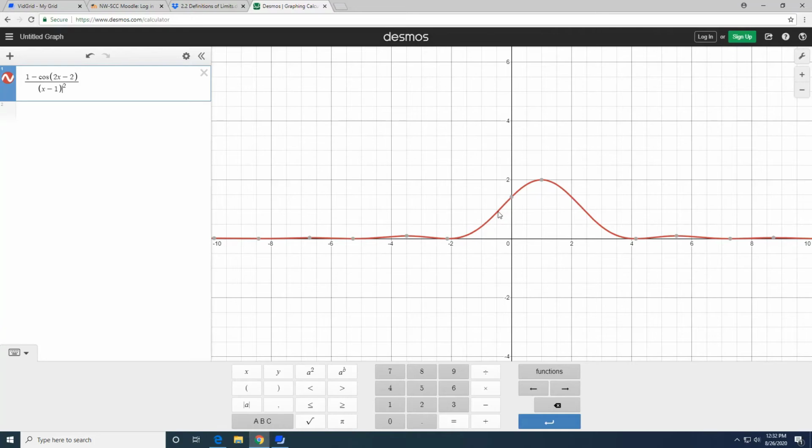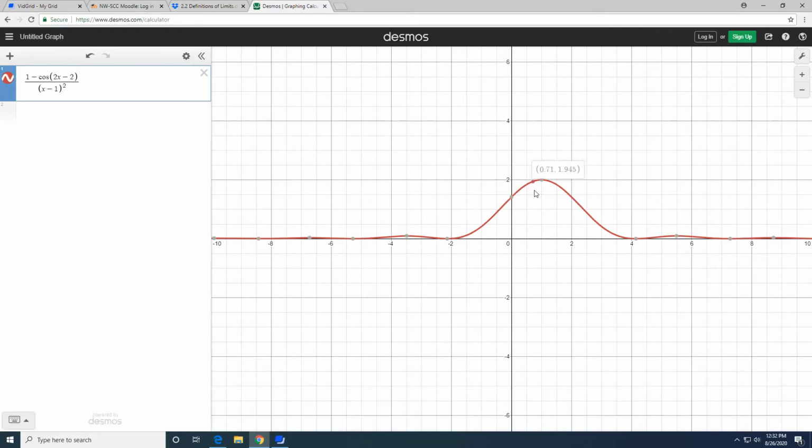Now again, notice if I go around here, when I get to 1, there it is. 1 is undefined. Okay, what does it look like the limit is as x approaches 1? 2. All right, so as x approaches 1 right here, the function value is approaching 2.